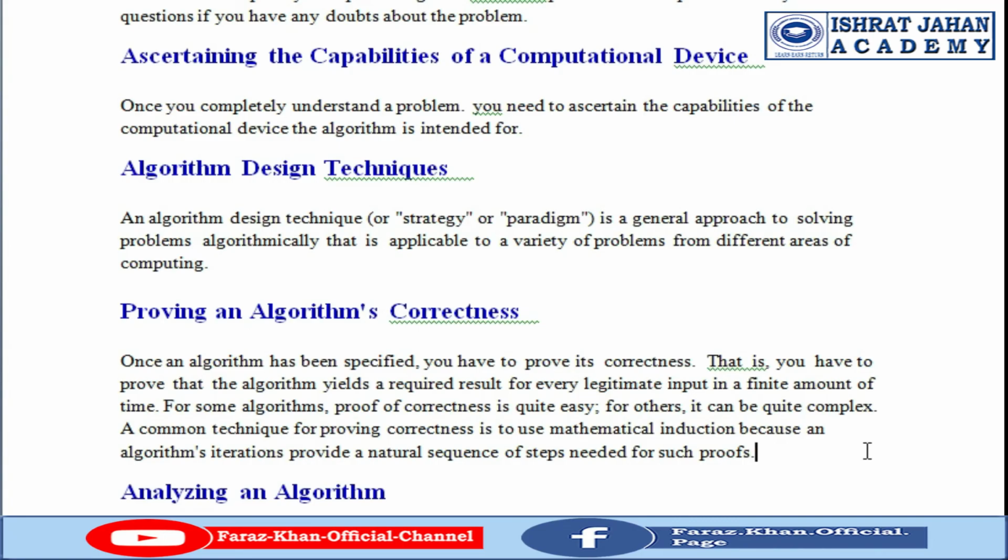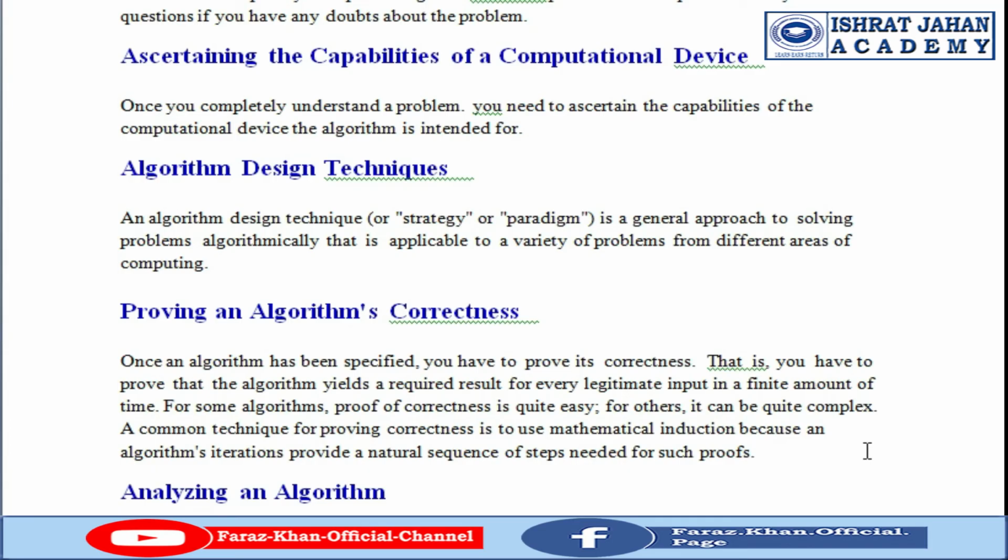Now, what is mathematical induction and how can we prove algorithms while using mathematical induction? Well, mathematical induction is a mathematical technique which is used to prove statements, formulas, or theorems, and whether the theorem is true for every natural number.